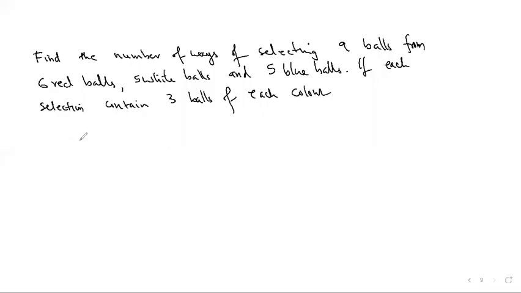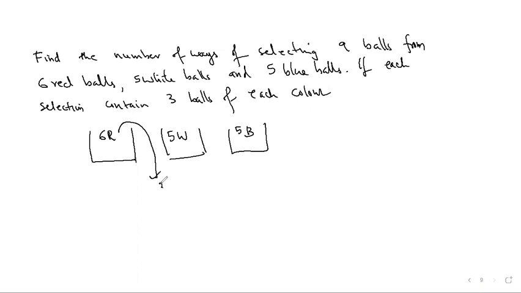Now in this question, we have 6 red and 5 white cards, and we need 3 from each colour. So 6C3 for red, 5C3 for white, and again 5C3. From here I need 3, from here I need 3, and also from here I need 3. So 3 and 3 and 3.